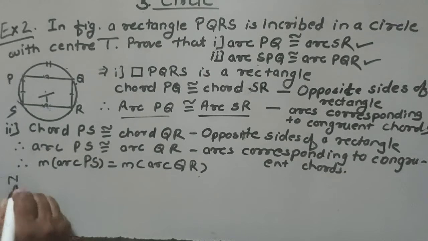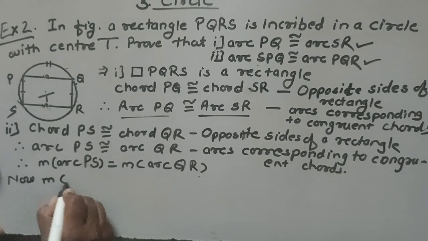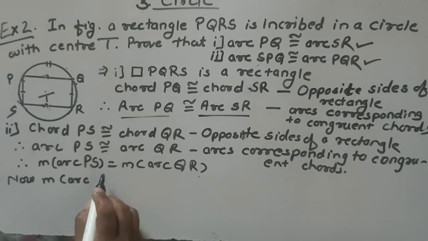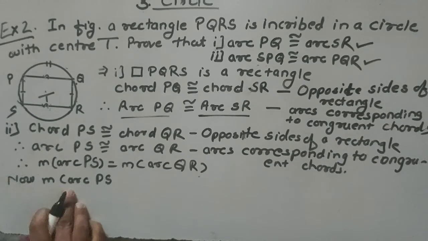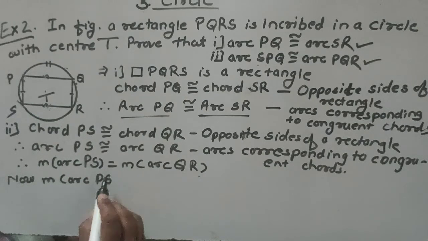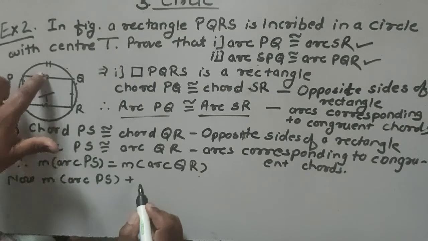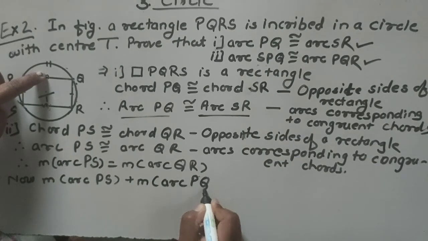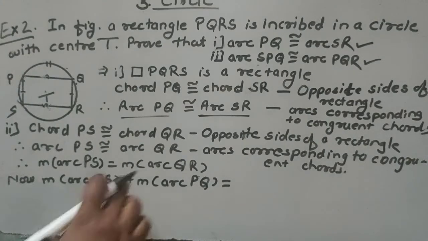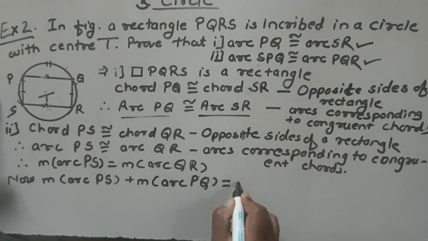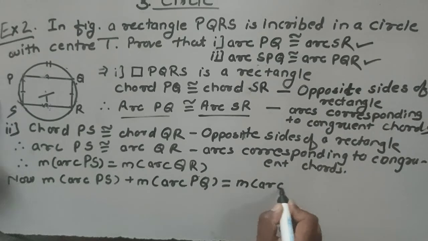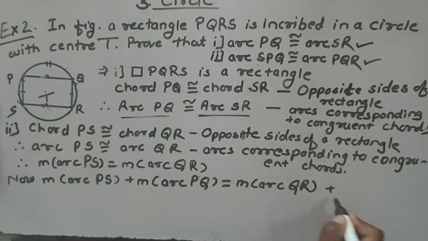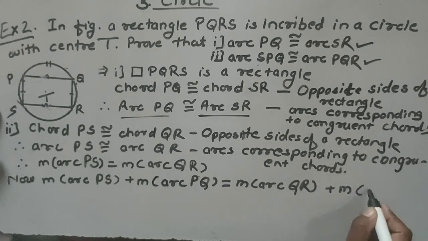Here we will write now: measure of arc PS plus measure of arc PQ is equal to, on this side also we will add PQ, measure of arc QR plus measure of arc PQ.